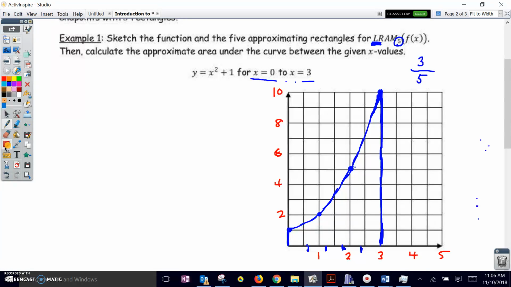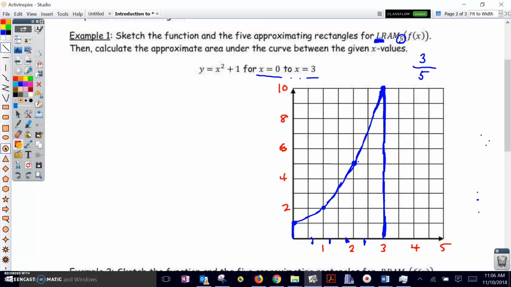And now I'm going to sketch in the rectangles. And let's see, let's use this lime green color. Now the height of the rectangle is going to be based off of the left endpoint of the interval.